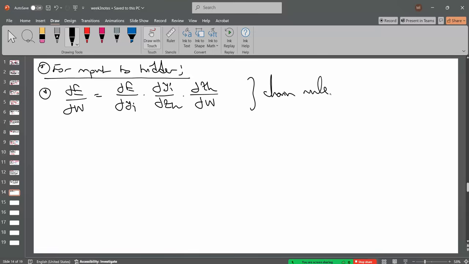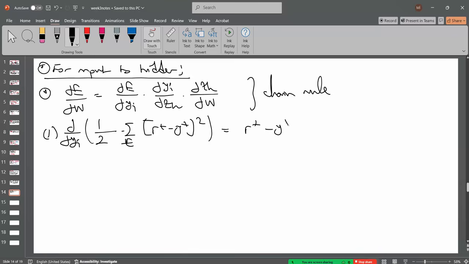It comes from the calculus of variations. In the first place, dE/dy^t is taking the derivative of the total summation over t of (r^t minus y^t) squared, which is equal to (r^t minus y^t) times minus 1. This is the first part.